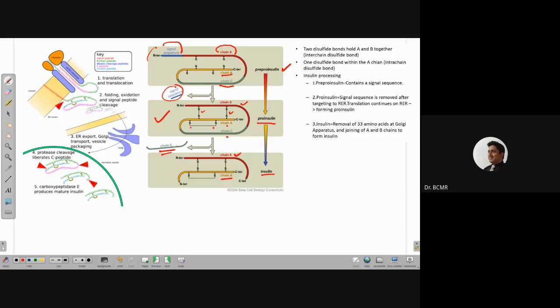Okay. The production, if you look at here, I hope you remember the signal sequence is important for targeting. If you remember the protein translation in cell biology, you must have learned that translation happens on free ribosomes or on rough endoplasmic reticulum. All those that have to be targeted to any of the cell membranes, cell organelles, or should be secreted, are usually translated on top of rough endoplasmic reticulum.